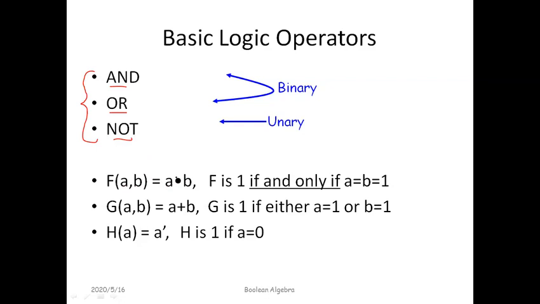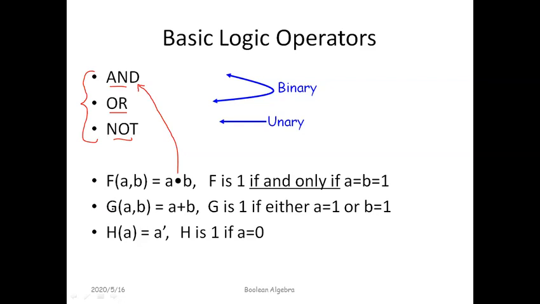So the dot here represents the AND. Okay, so the function f is equal to 1 if and only if a and b are both equal to 1. Shortly we shall explain what this means.